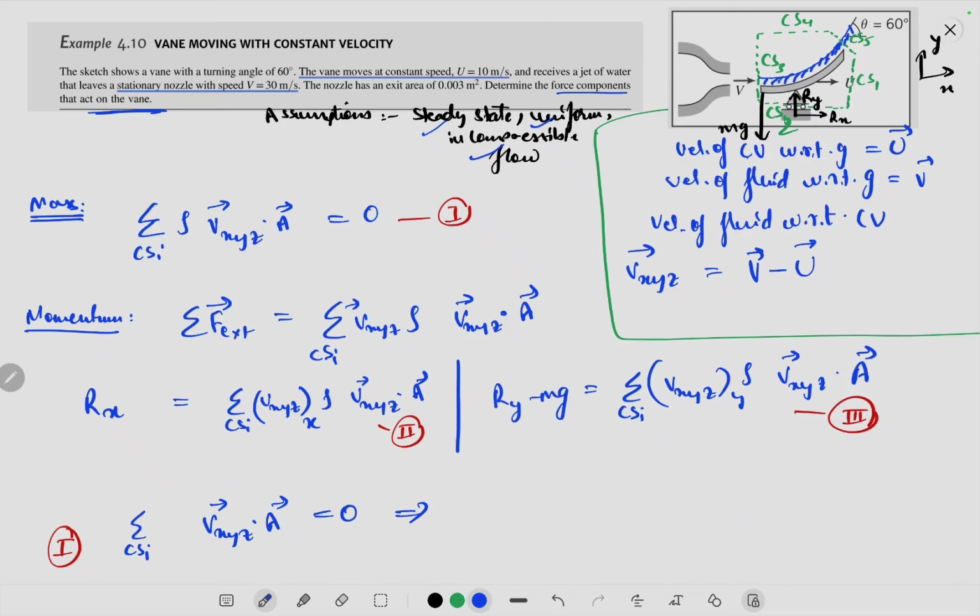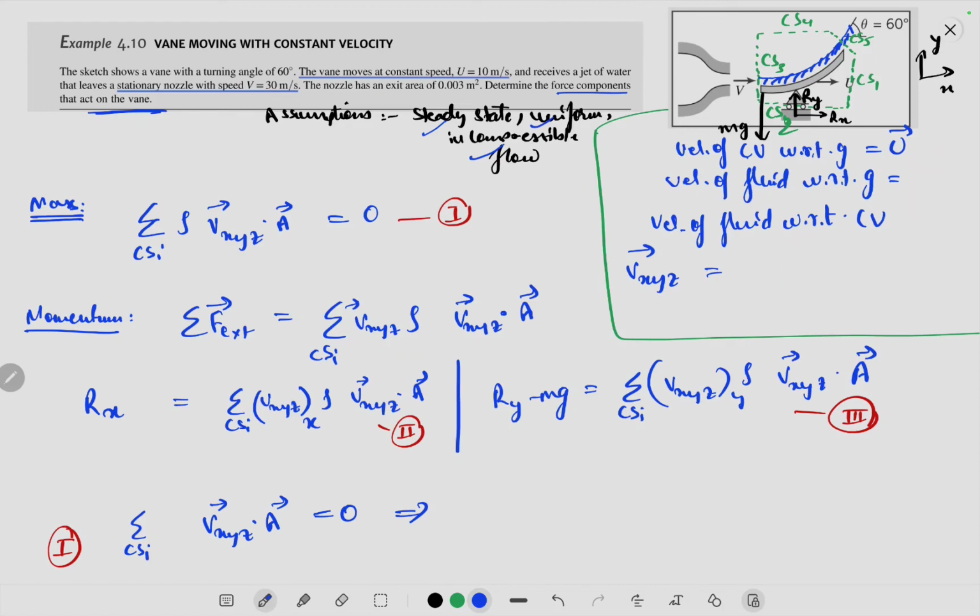Now, it's given that the velocity exiting from the nozzle is V. It's not written that the velocity with which this fluid is coming towards the vein is V. So this was the velocity of the fluid at the exit point of the nozzle, and I cannot write the velocity of fluid with respect to CV equal to V minus U on all surfaces, right?